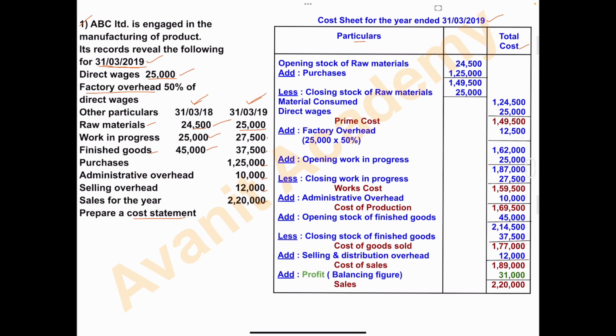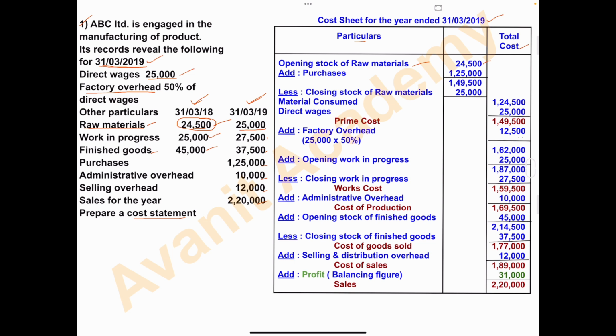See the problem, raw materials in other particulars. 31st March 2018 is the opening stock of raw material, and the amount is 24,500. Write in the solution, in the inner column, opening stock of raw material 24,500.